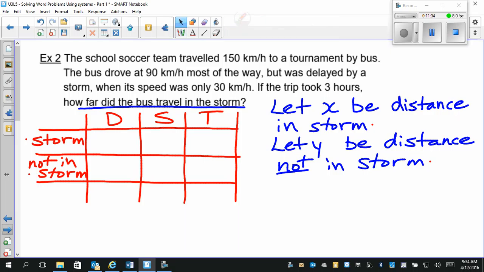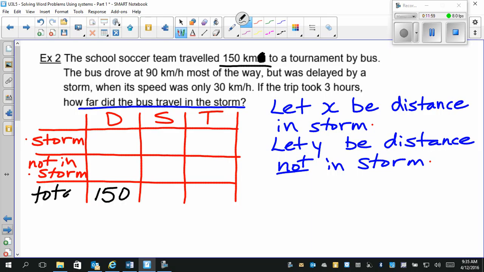So the school soccer team traveled 150 kilometers. Okay, that's a typo. That should be that they traveled 150 kilometers to a tournament by bus. And that's kind of important because that represents the total distance.